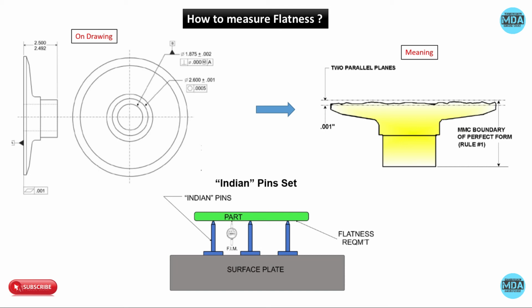After that we place the required surface on those pins, and we take the reading from the bottom with the help of a dial indicator. So here understand that we are not taking any reference. If the part lies within the two parallel planes, then we will accept the part, or if it is out of that two parallel tolerance zone, then we will reject the part.